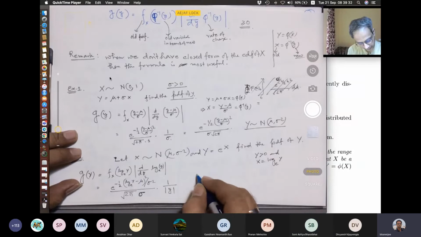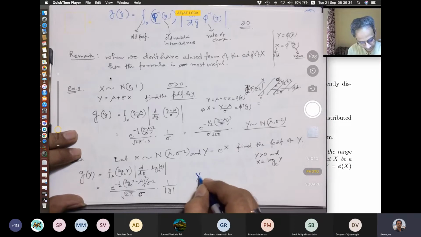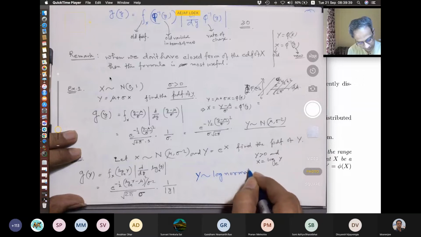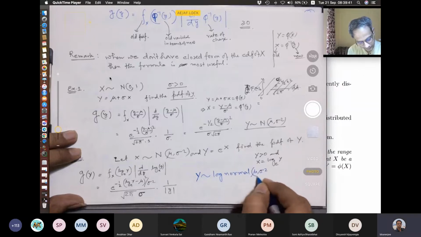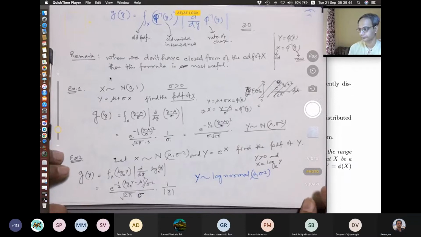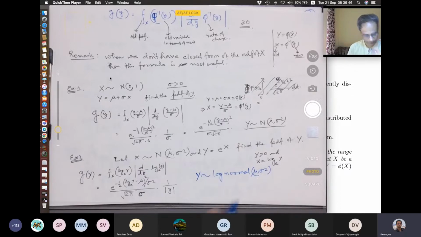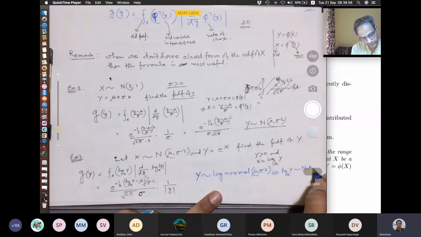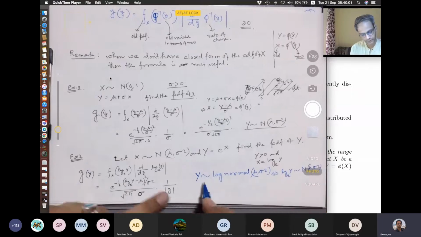So this y is said to follow log normal mu sigma square if log of y is following normal mu sigma square.